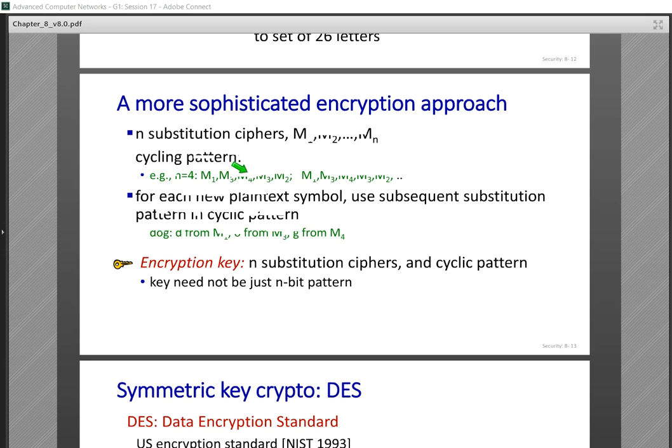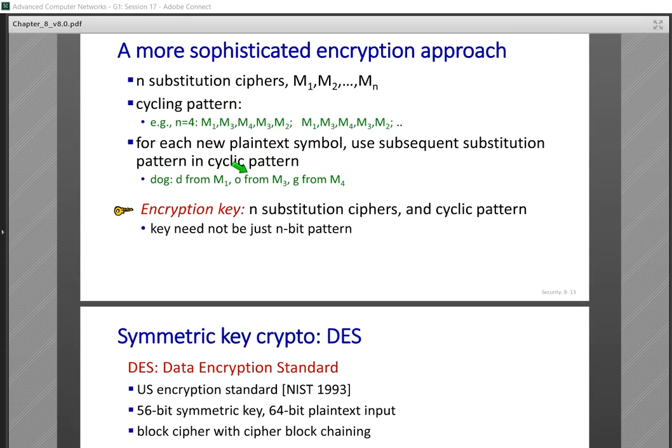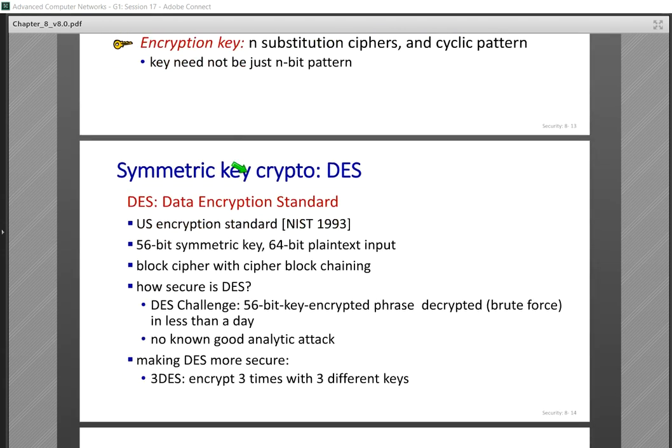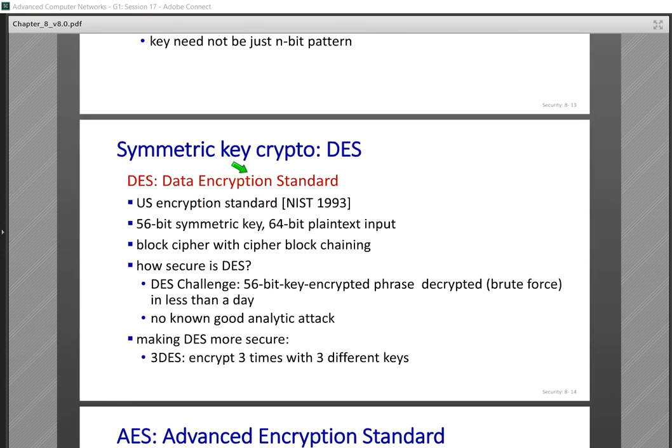Each pattern has a specific string of characters. I should look on those patterns and replace the word dog here. So this strategy is more sophisticated than using a single substitution cipher.